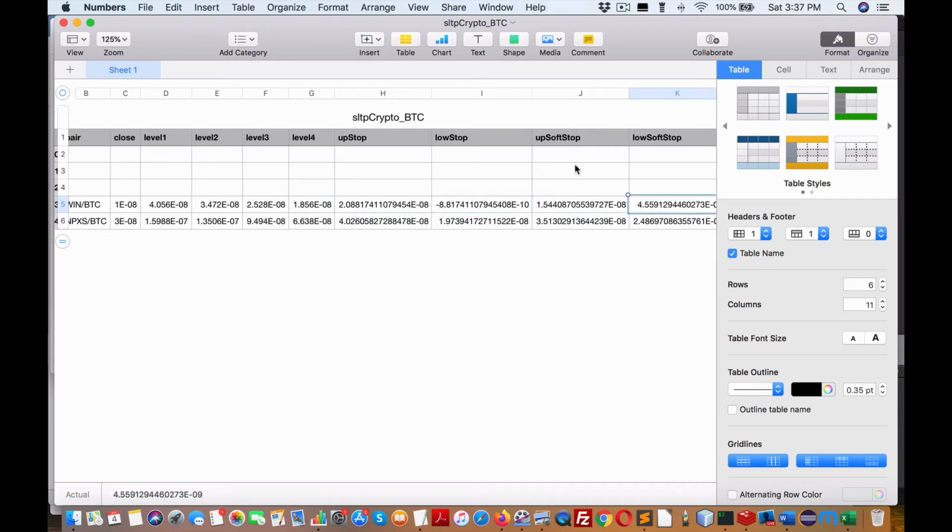So here, the upper soft stop and low soft stop are levels that are not full stop losses, but they're kind of like testing the risk. So if you're not sure on that price move when you take on a position, you can set a soft stop on, which is really the take profit, which is the upper.